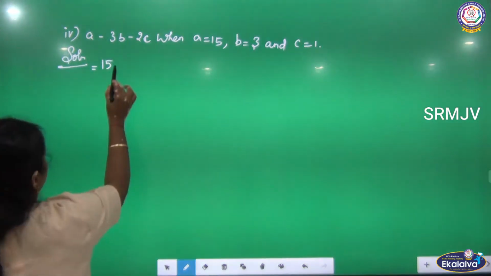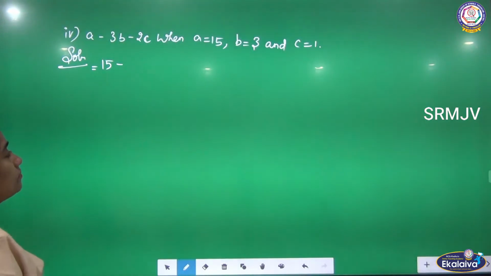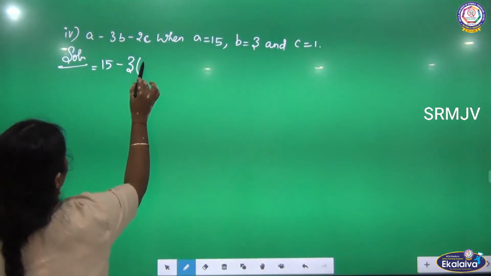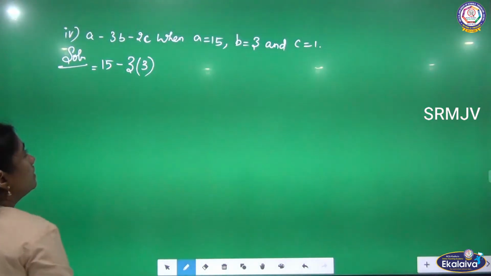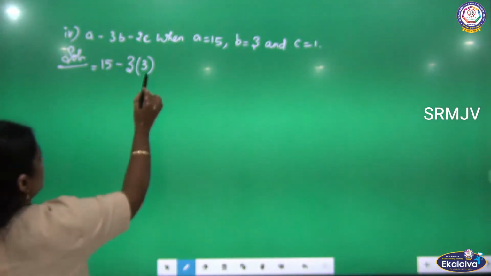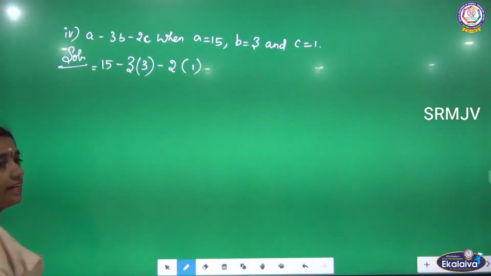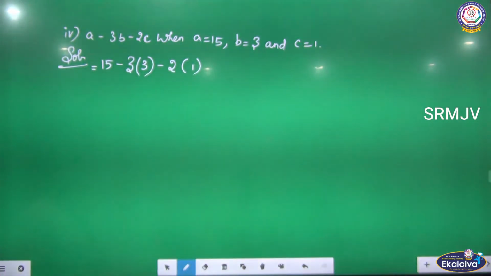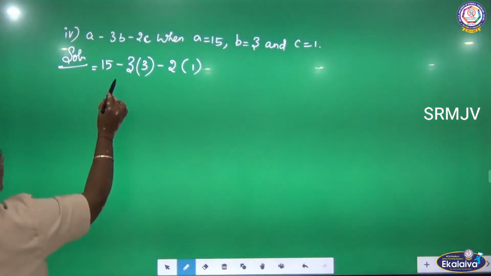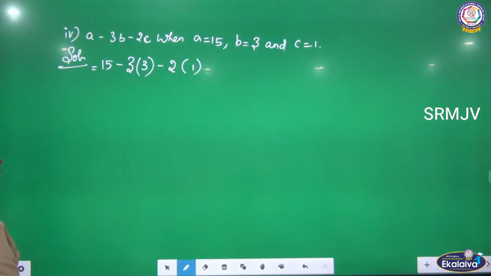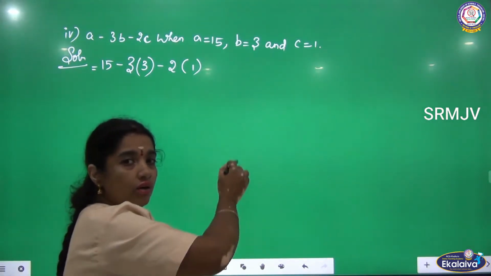Next, minus 3 into B. What is the B value given? 3. Minus 2 into C. What is the C value given? 1. Is it clear? So 15 minus 3, instead of B, substitute the 3 here. And minus 2, instead of C, substitute the 1 here.